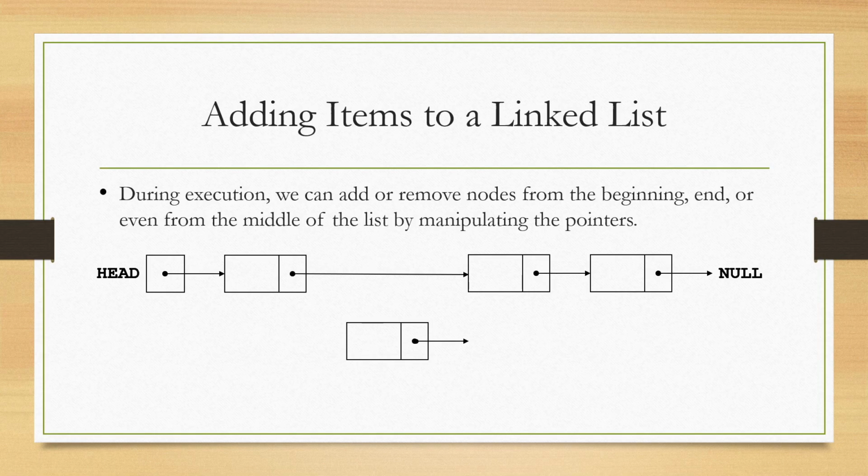You can. It'll be at the very end. So what I mean by that is, assign this pointer to this node and make this pointer into null. That's one example, to insert at the very end.